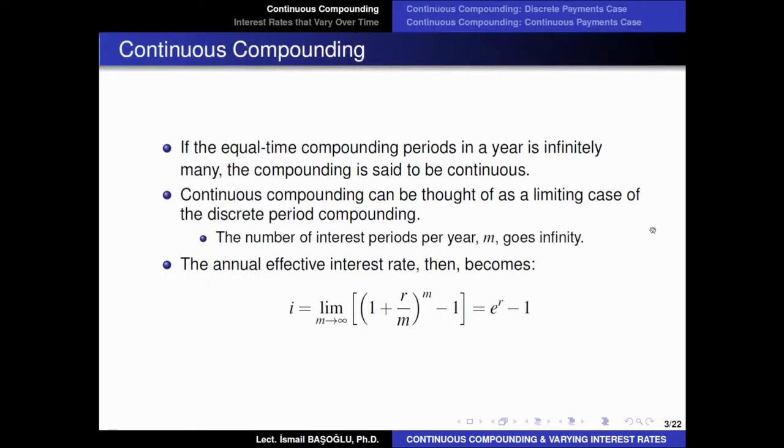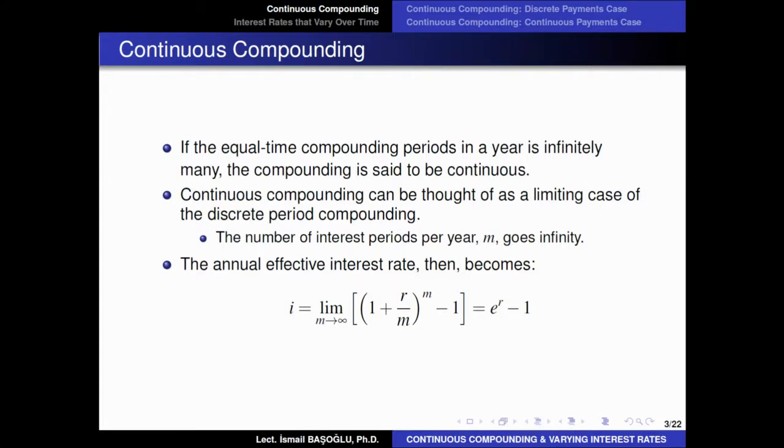So what is continuous compounding? We have said that the compounding of interest may occur more than once in a year. For example, under monthly compounding, we calculate a monthly effective interest rate, and we assume that the compounding of interest occurs 12 times a year.